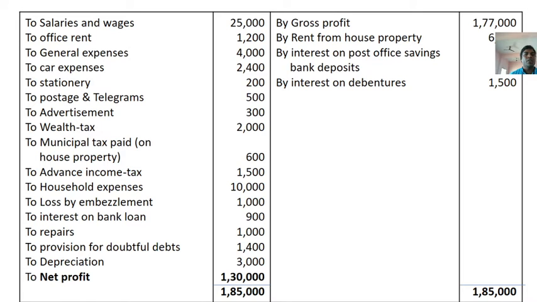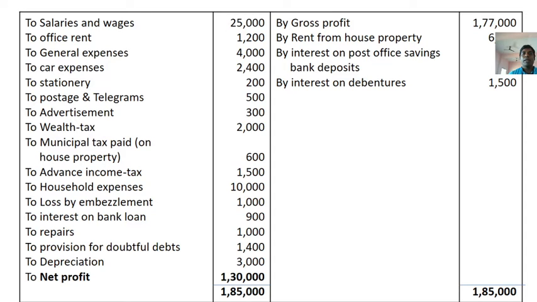On the debit side of the profit and loss account: to salaries and wages 25,000, to office rent 1,200, to general expenses 4,000, to car expenses 2,400, to stationery 200, to postage and telegrams 500, to advertisement 300, to wealth tax 2,000, to municipal tax paid on house property 600, to advance income tax 1,500, to household expenses 10,000, to loss by embezzlement 1,000, to interest on bank loan 900, to repairs 1,000, to provision for doubtful debts 1,400, to depreciation 3,000, to net profit 1,30,000.